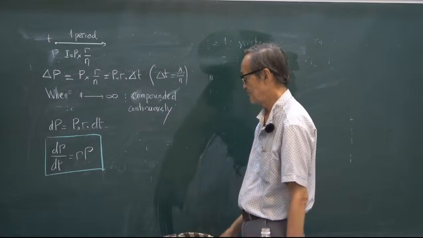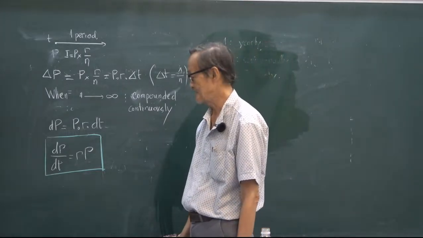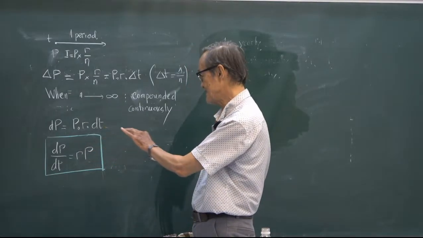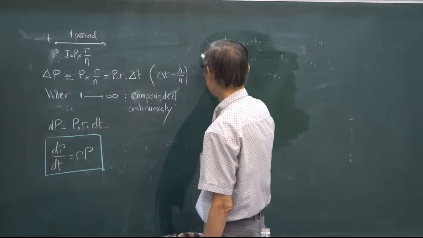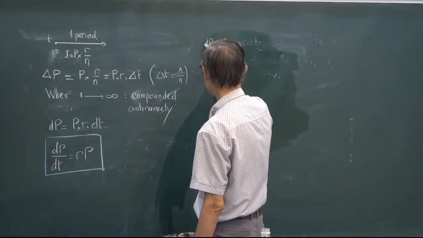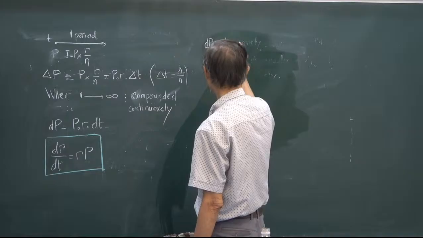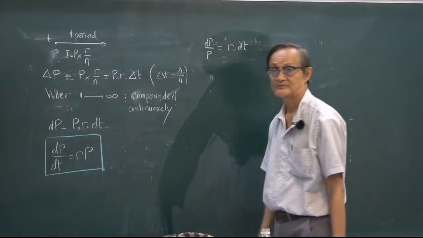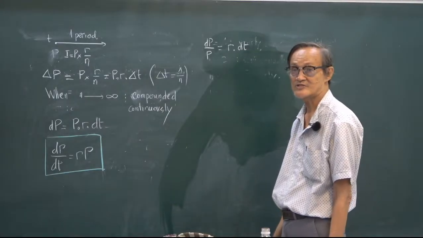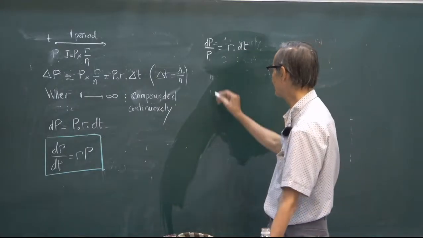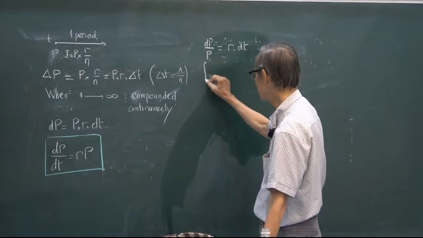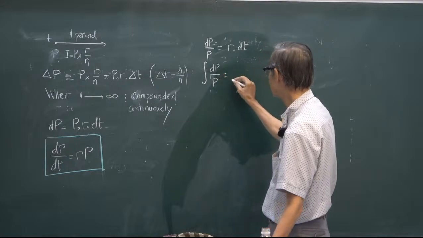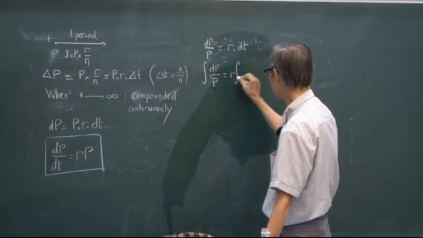Now, separating variables, P on the left hand side and t on the right hand side, we have dP over P equals R dt. Integrating both sides, we integrate dP over P and R integral dt.